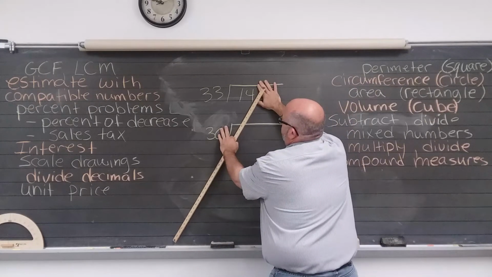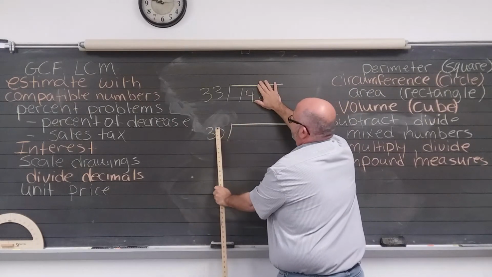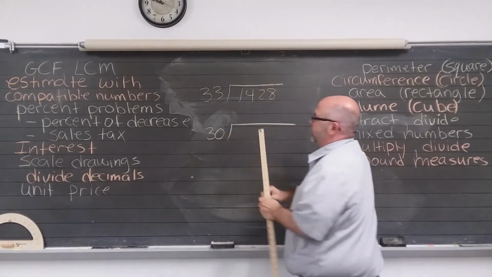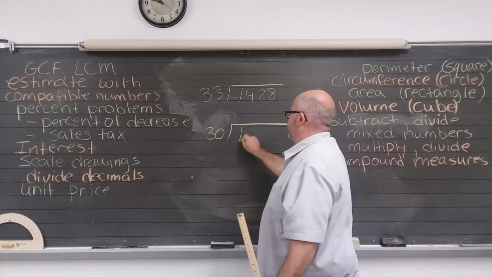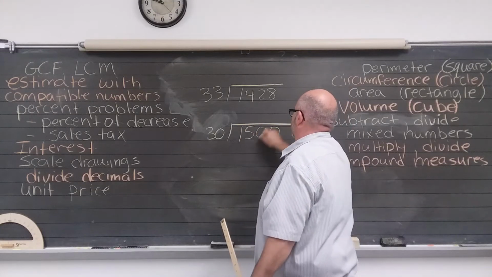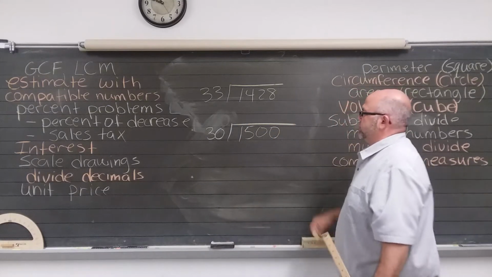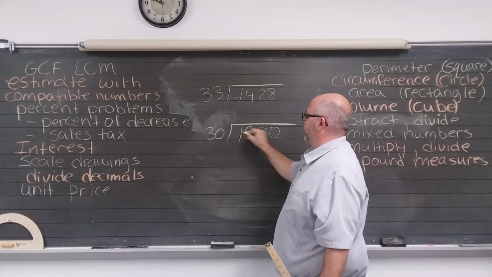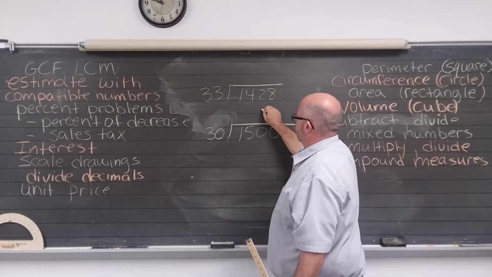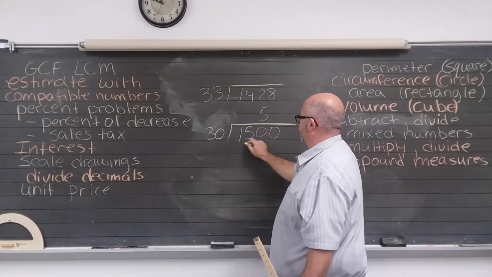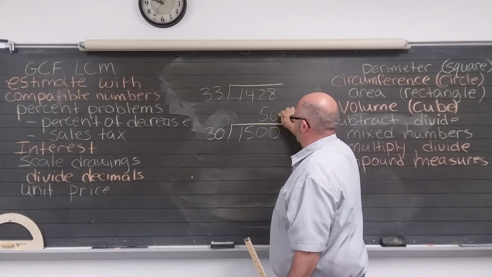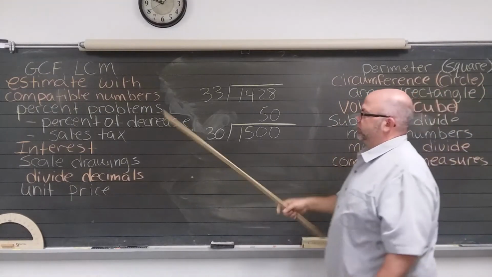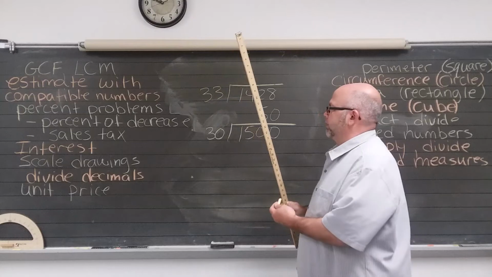So you cover up that. 3 into 14, what's the closest number to 14 that 3 can go into evenly? 1500. 30 into 1500. Make sure you put your answer at the right place. So 30 does not go into 15. 30 into 150 would be your 5. That's your 150. Make sure you have your 0 on there. So your answer there would be 50. That has to do with estimating with compatible numbers.